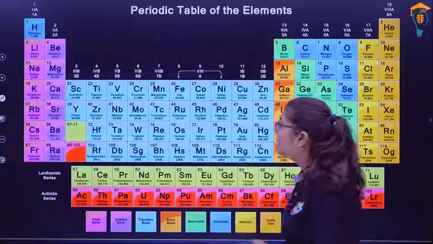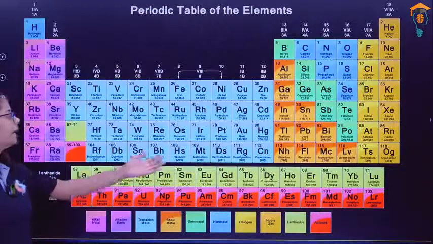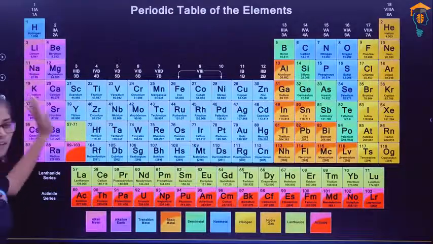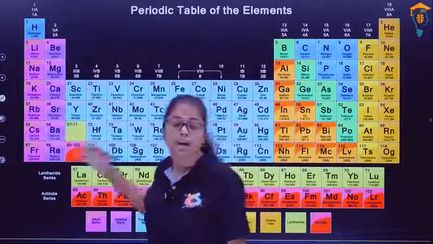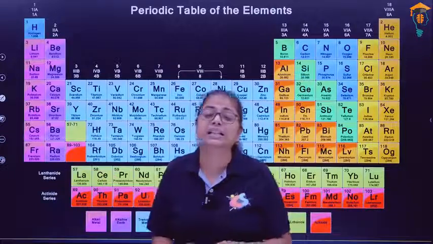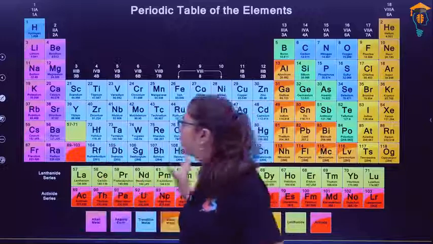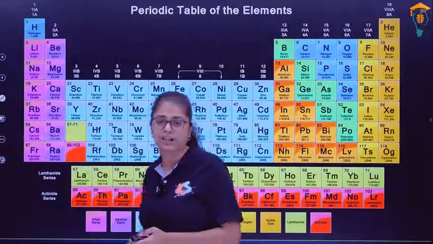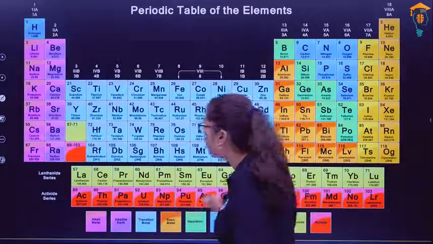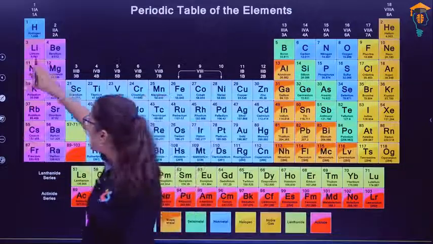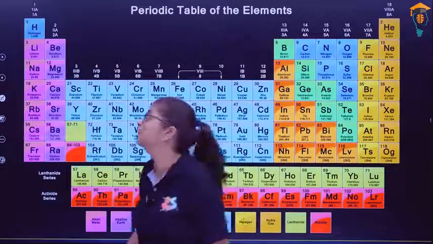Yes, there are 2 families in the S block elements which are at the extreme left of the periodic table, because obviously their configuration is ns1 and ns2. So they are kept extreme left in the periodic table, right? And if we talk about the groups, we can call them alkali metals and alkaline earth metals.